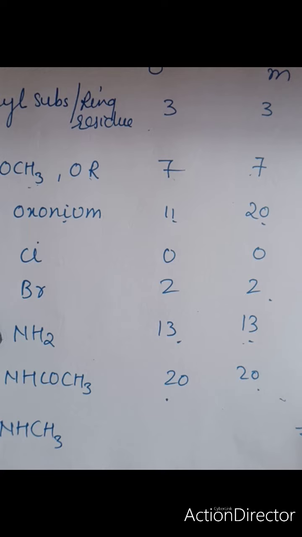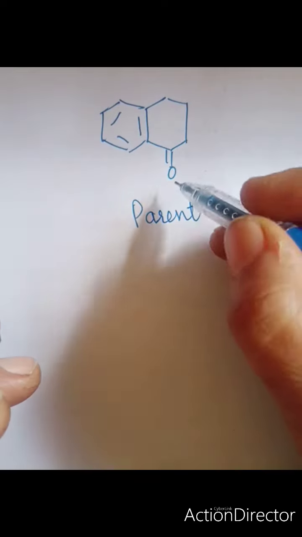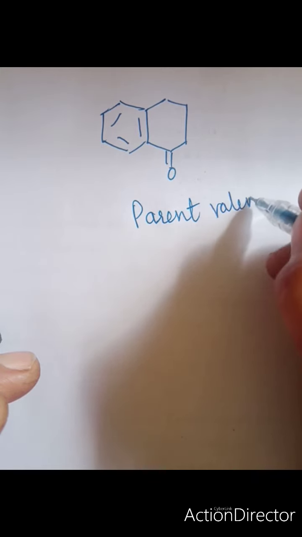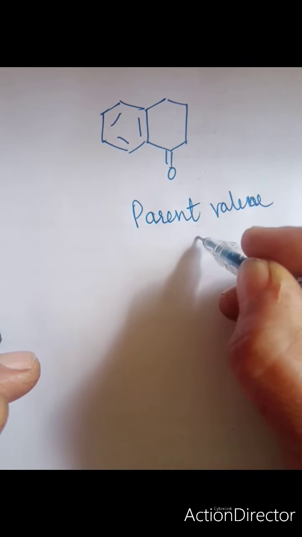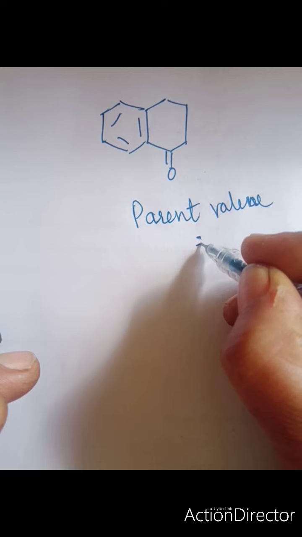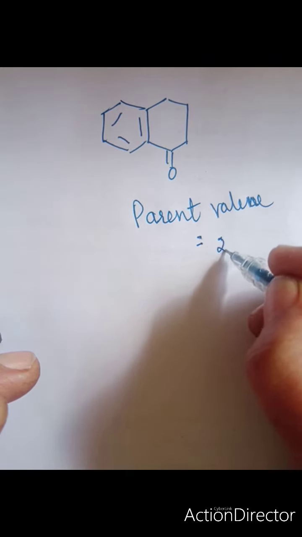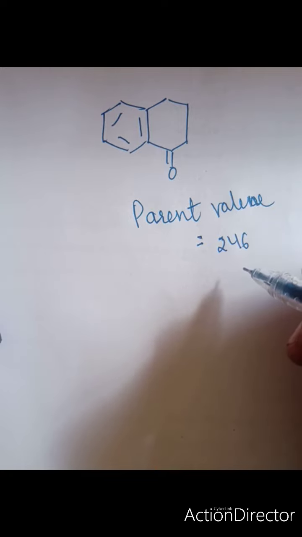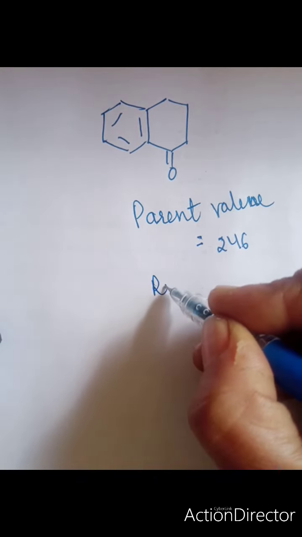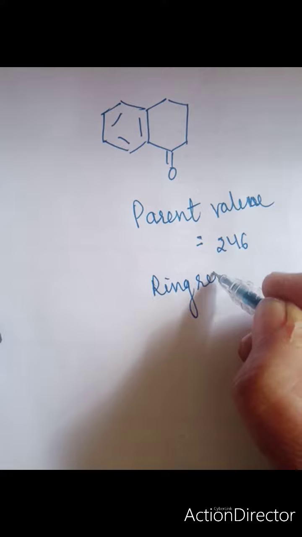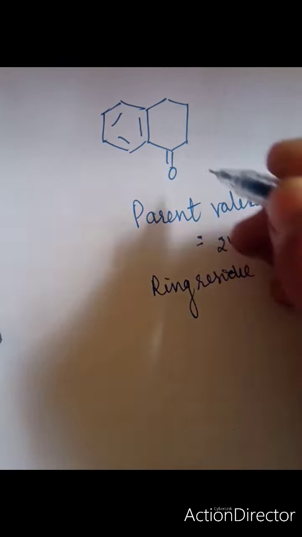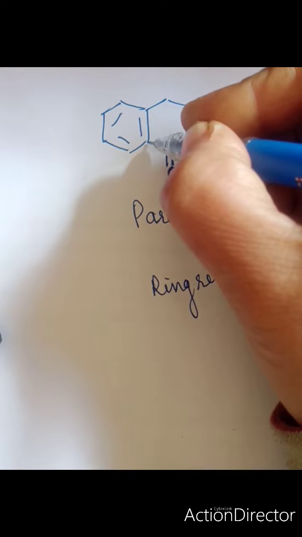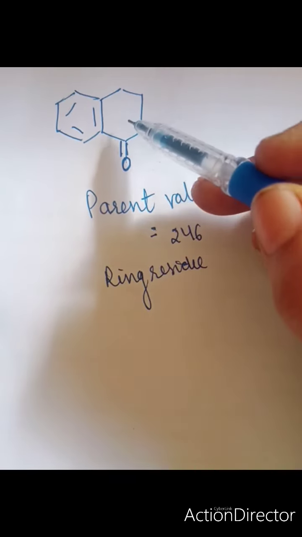Let us solve a numerical. Here the parent value will be 246, since it's an aromatic compound. Now let us talk about the ring residue. With respect to this functional group, solve this example.